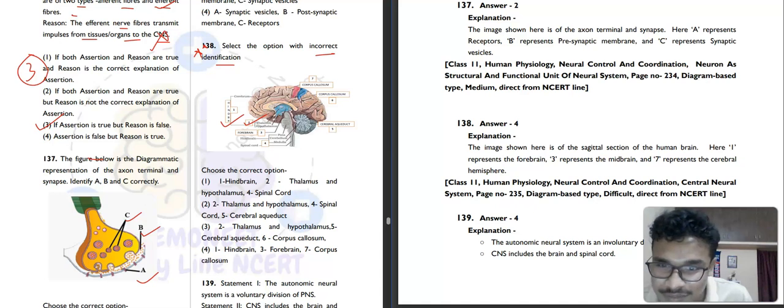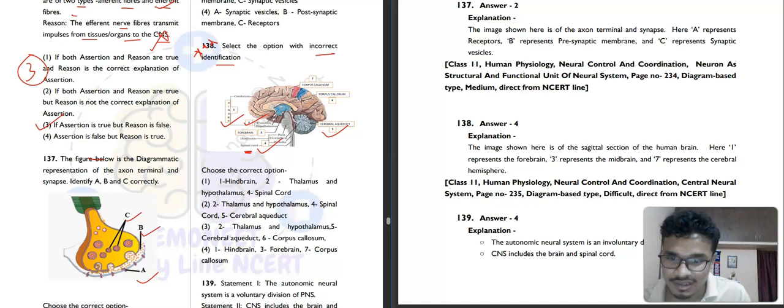Thalamus and hypothalamus, this is given already. Fourth is spinal cord, correct. This is written. And second is thalamus, hypothalamus. Fourth is spinal cord. Five is cerebral aqueduct. This is a bonus question, I think. This should be hidden, right?